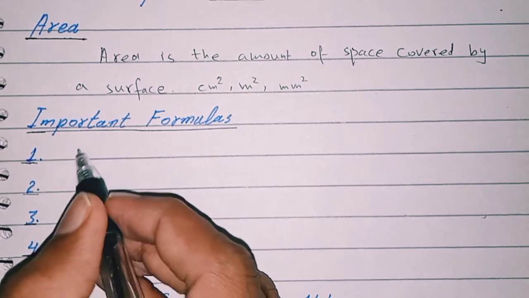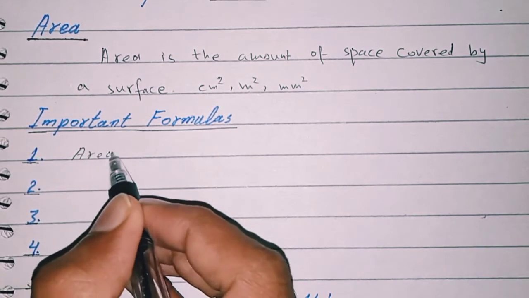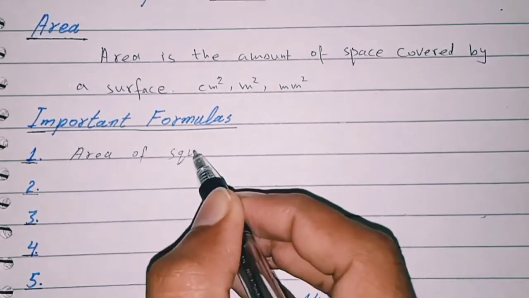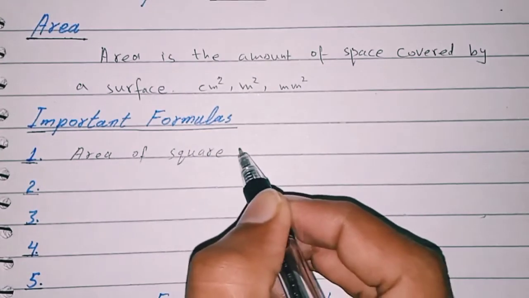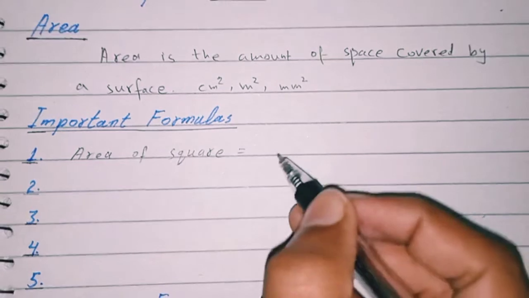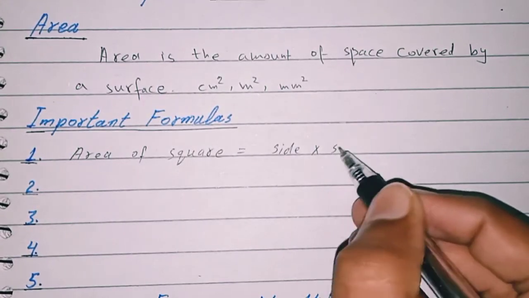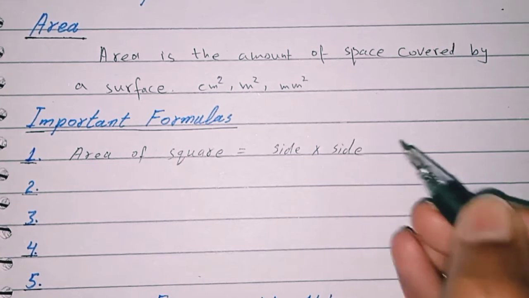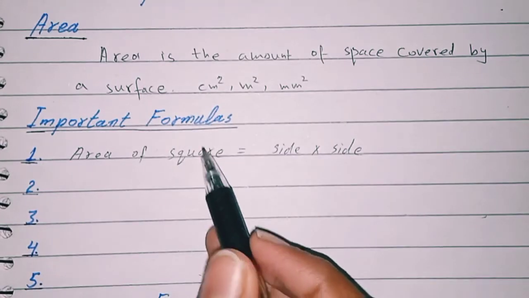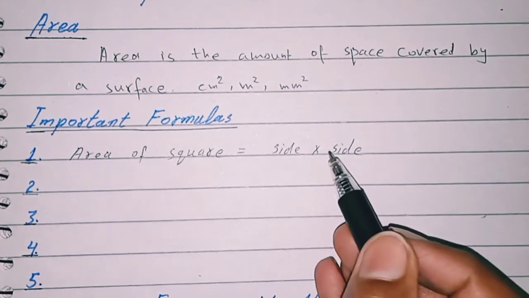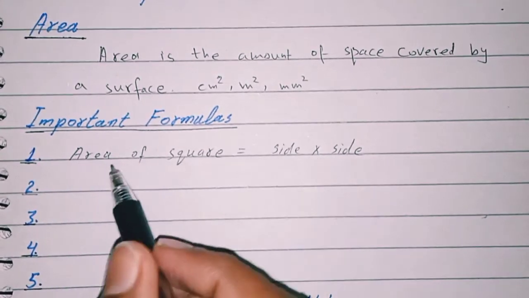First formula is area of square. Area of square is side multiply side, because square has all 4 sides the same. So if we multiply 2 sides, that will be equal to area of square.